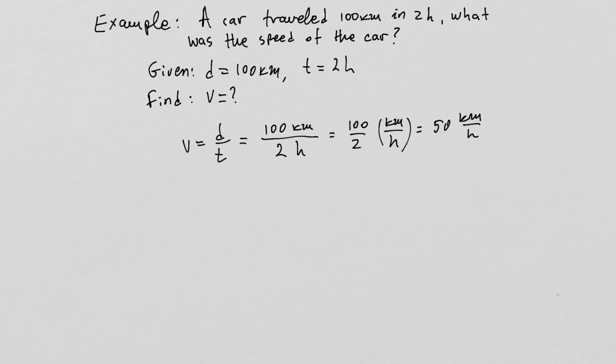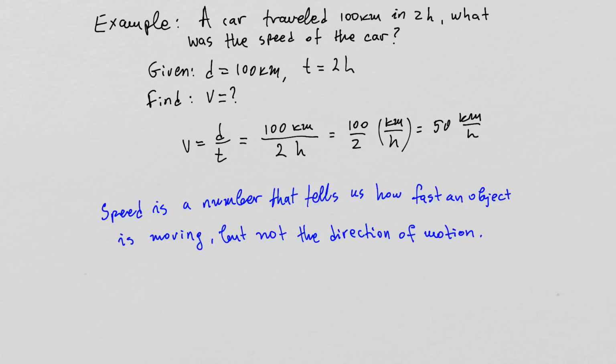So from the result here, we can make the following observation. Speed is just a number that tells us how fast an object is moving. However, speed does not tell us the direction of motion of this object.